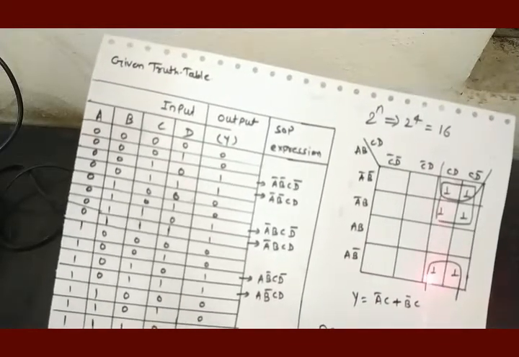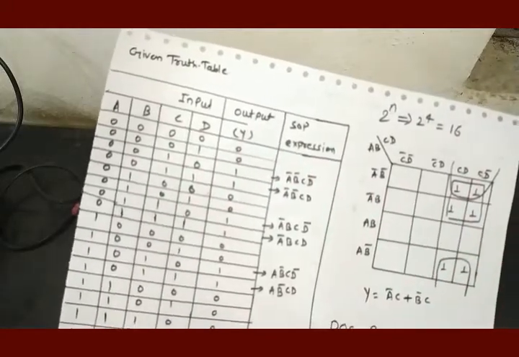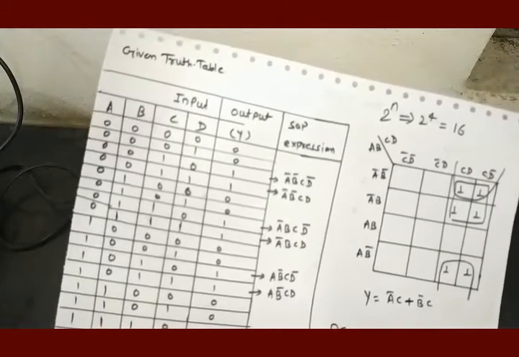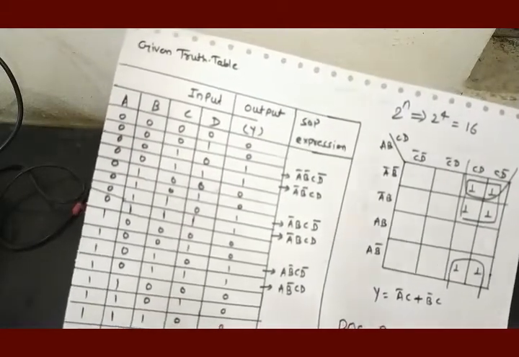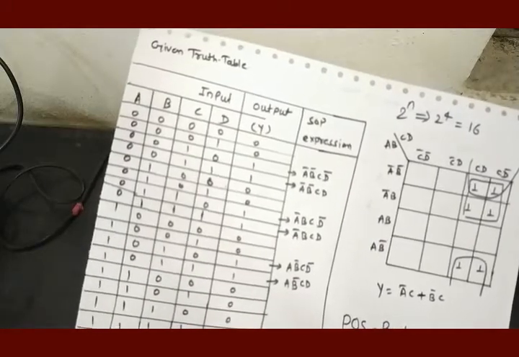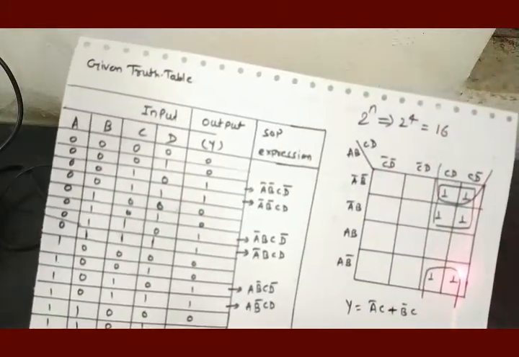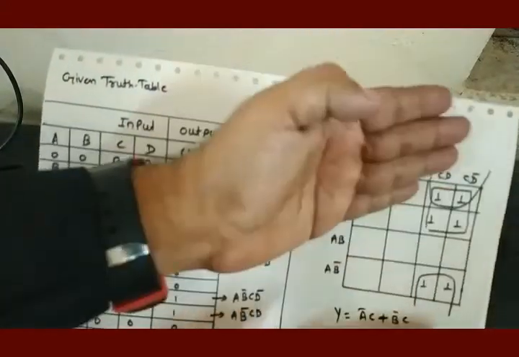Okay, after that, 2 ones are here which are adjacent. This pair is a horizontal pair of ones. But if a simple pair is formed, only one variable and its complement will go away. We are provided with more options. Let us roll this map this way.